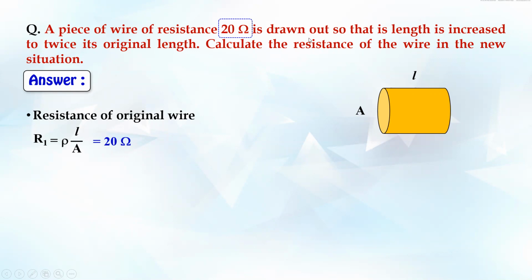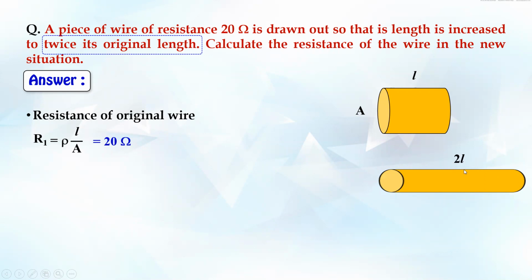In the second case the wire is drawn out. You know what drawing out a wire is? It means we are pulling the wire. In this case, if I pull the wire, the length is increased to twice. So the length will increase to 2L, but the cross-sectional area is decreasing, right? If the length doubles, the area will decrease by the same amount.